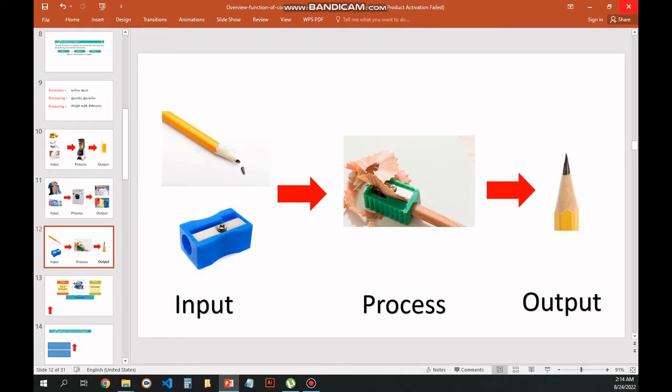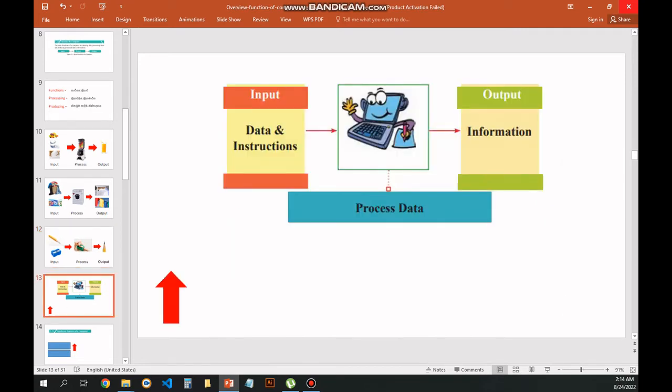This is how input, process, and output happen in real life, and just like that when it comes to computers. This is how things work. People have to input the data or the instructions. Then the computer will process whatever data and instructions you entered.